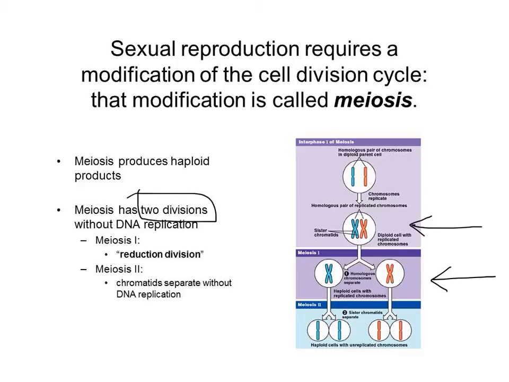Those two cells will then enter into a second division, and the second division will not have an additional DNA replication phase, so instead those chromosomes will divide once again, and we're left with half the amount of chromosomes as the original cell. In this case, it's showing one chromosome in each gamete when the original cell had two.